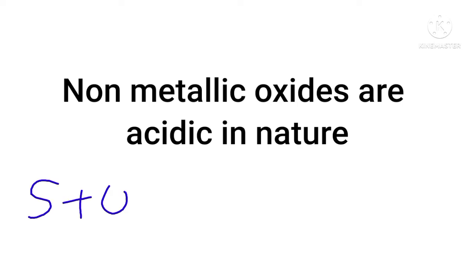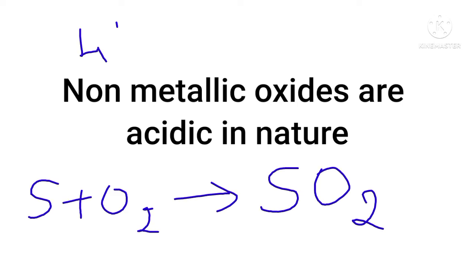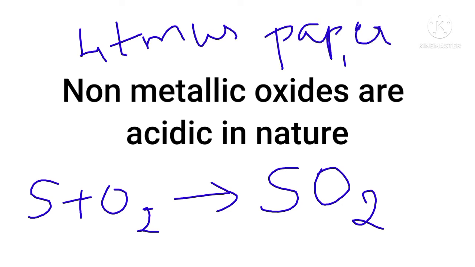Then sulfur dioxide gas is produced. Shake that sulfur dioxide gas with water and test the water with litmus paper. It turns the litmus paper red. This shows that non-metallic oxides are acidic, while metallic oxides are basic in nature.